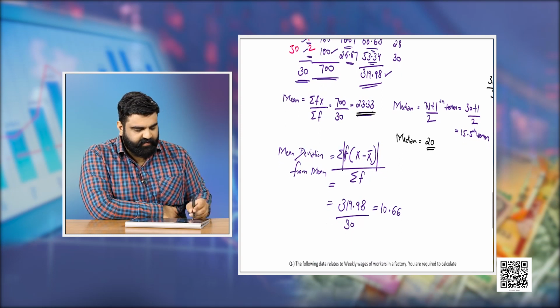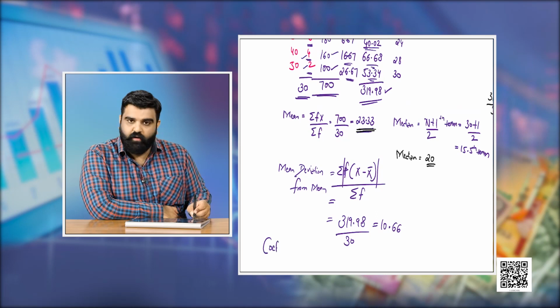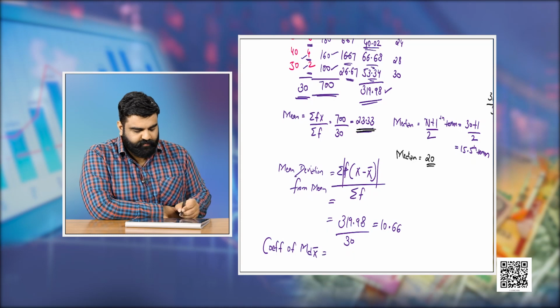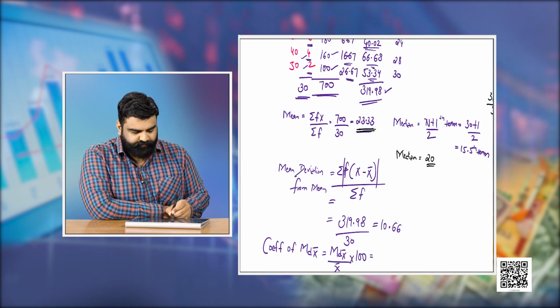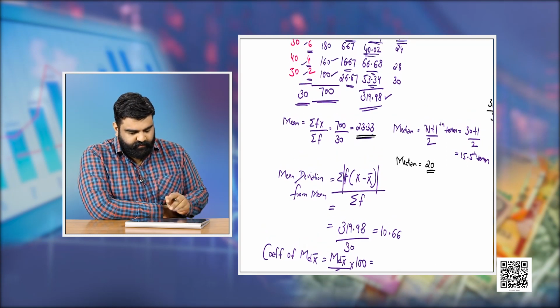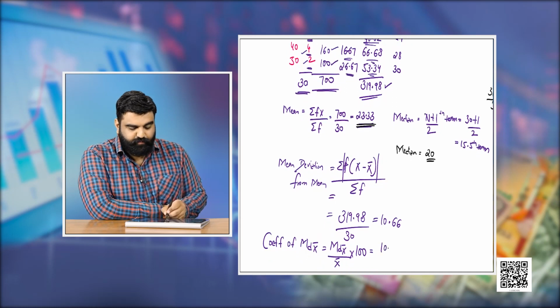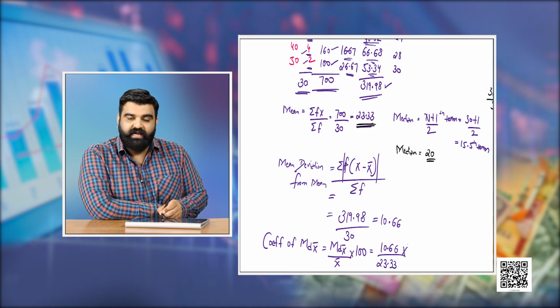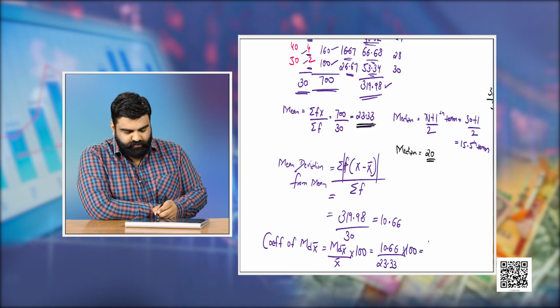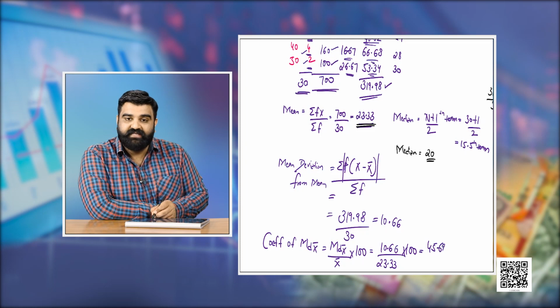Moving ahead, let us calculate the coefficient of mean deviation from mean. So, we have mean deviation from mean upon mean into 100. We get mean deviation from mean as 10.66, the mean was 23.33, and let us multiply this by 100. So, the answer will be 45.69%.